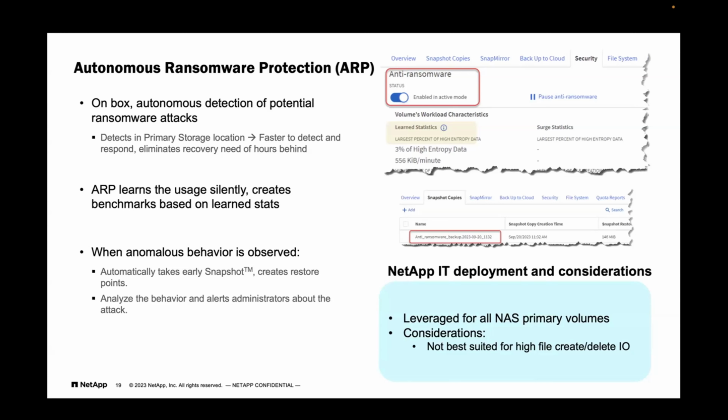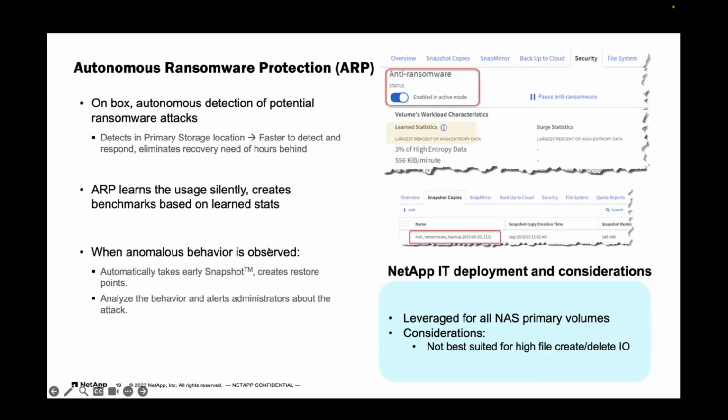If there is a significant difference, it says, okay, I think this is a suspected attack. It takes a snapshot and then monitors further activity. If it's fairly certain that it's very likely a ransomware attack, it'll take another snapshot and send an alert to the admin, right?